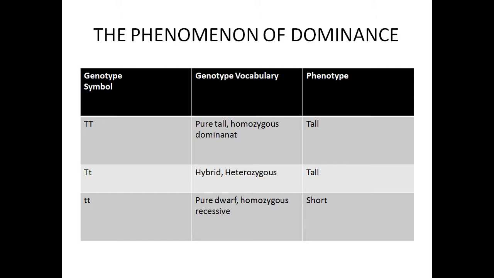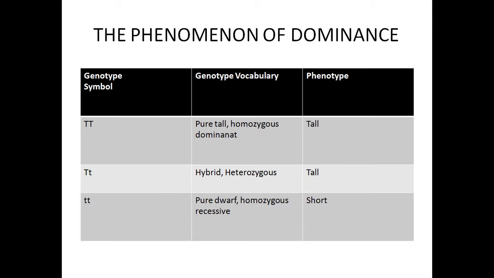First one, phenomenon of dominance. Mendel was the first to explain the mechanism involved in transmission of characters from parents to offsprings, from generation to generation. This is nothing but inheritance.